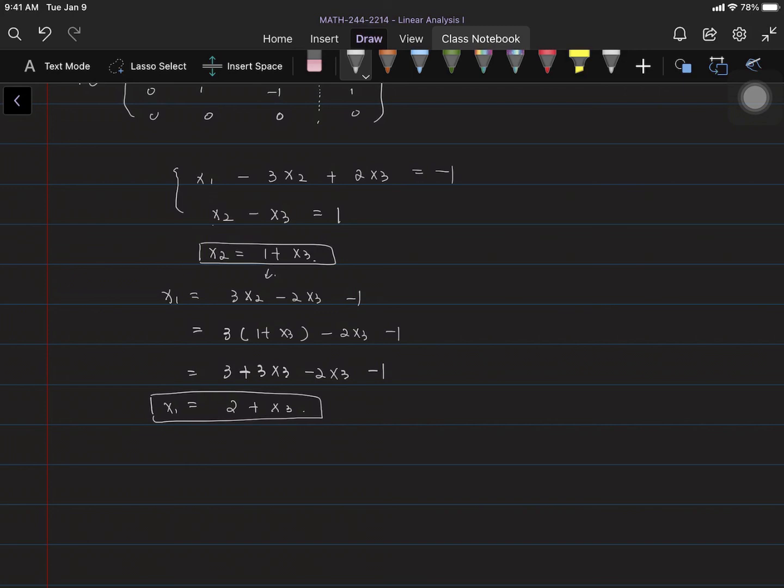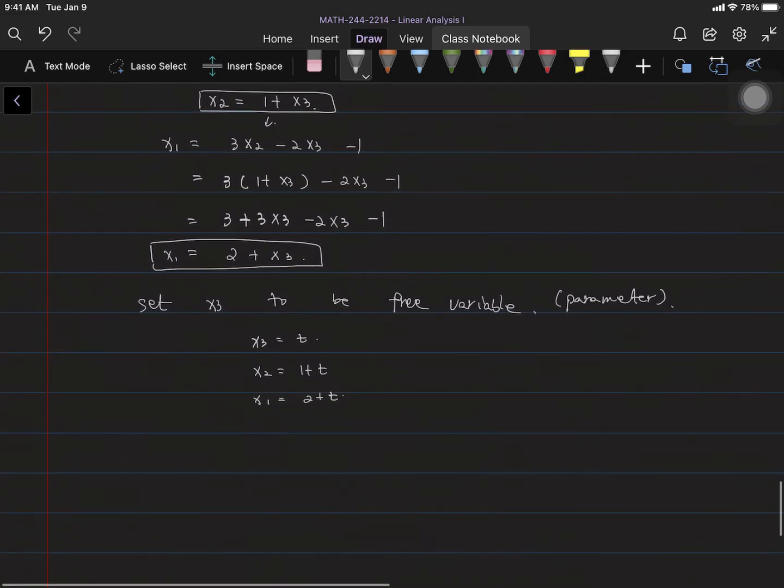We can set x3 to be the free variable, and usually for the free variable, or parameter, we set x3 to be t. And x2 in this case is 1 plus t, and x1 is 2 plus t.